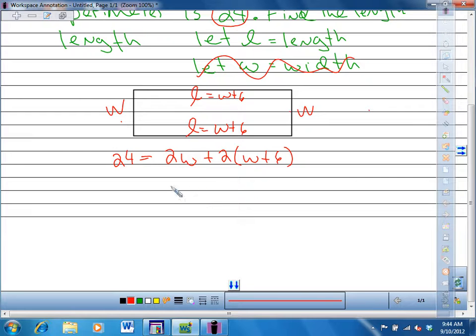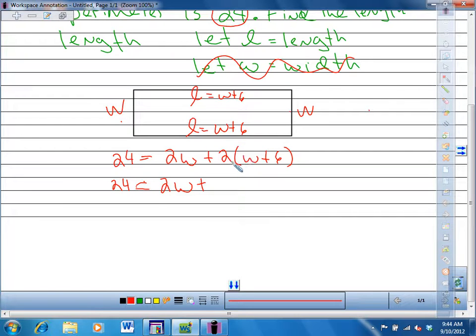Now I do math, good? 24 equals 2W. What do I get when I multiply this through? What do I get when I multiply that through? Willie? You don't know? What's 2 times W?